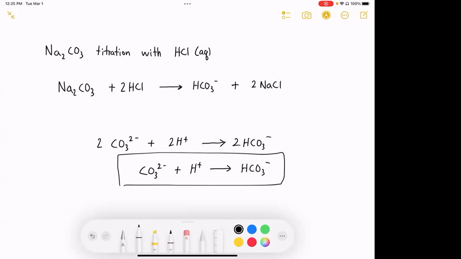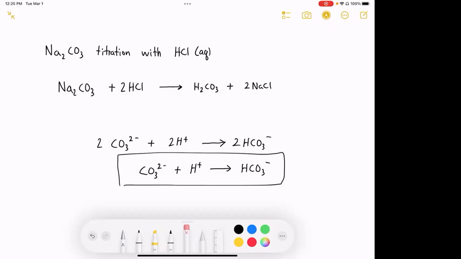So the reaction we should be writing is this: H2CO3 plus 2 sodium chlorides. So here we have two sodiums, one carbonate, two chlorides, two hydrogens. So that's the overall chemical reaction. So we can't just stop at bicarbonate because it doesn't like to stay there.